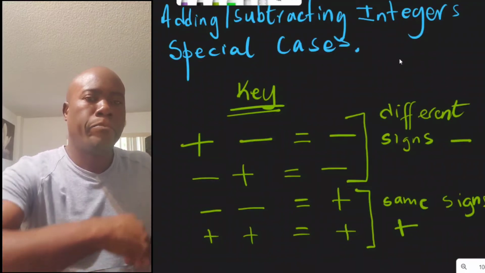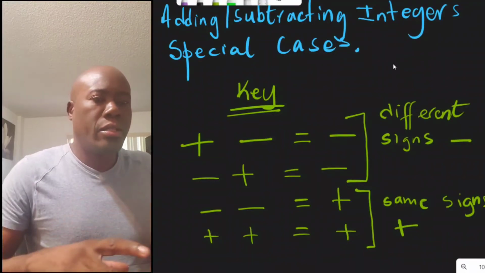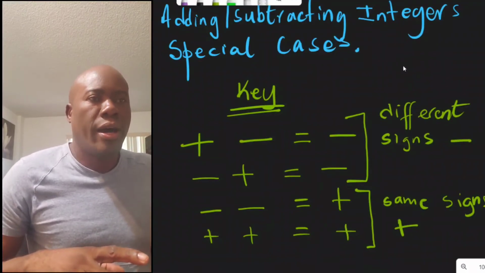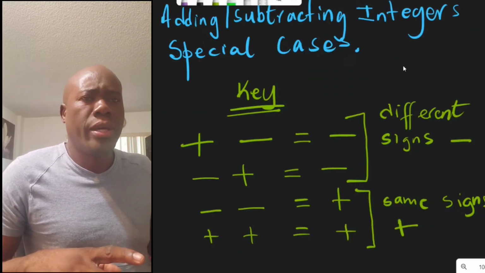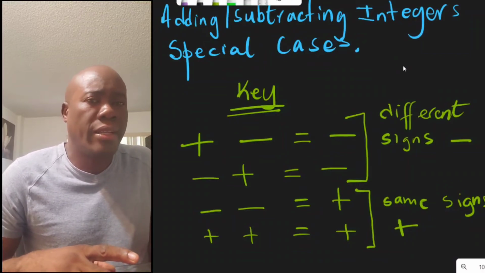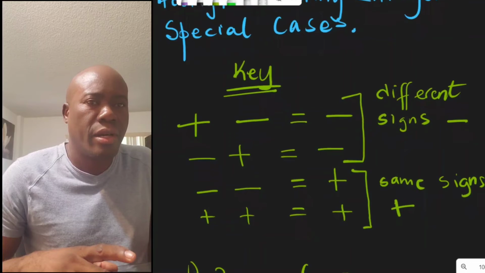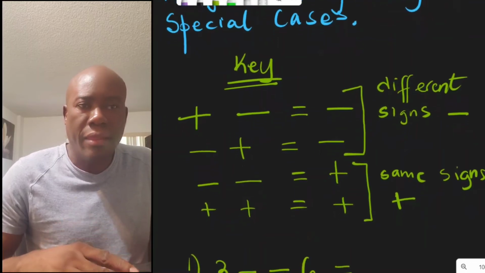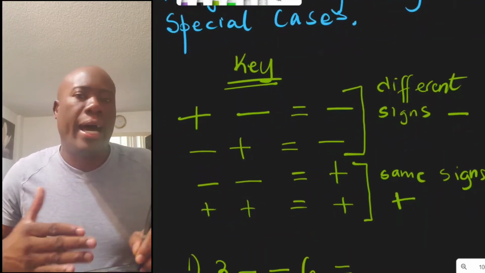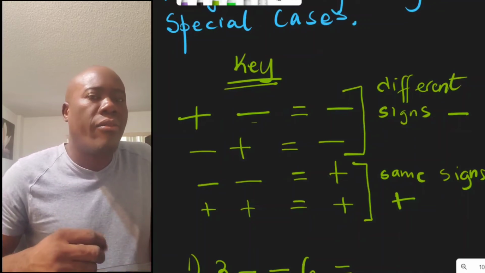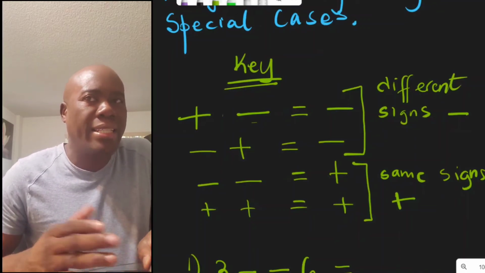All right, so one of the things that we want to pay attention to is when we have two signs, a negative and a positive, beside each other with nothing between them, then we would actually be thinking of the signs being multiplied, technically.